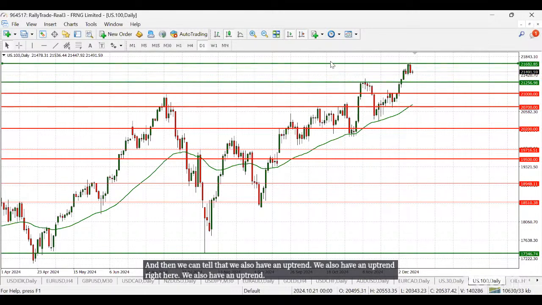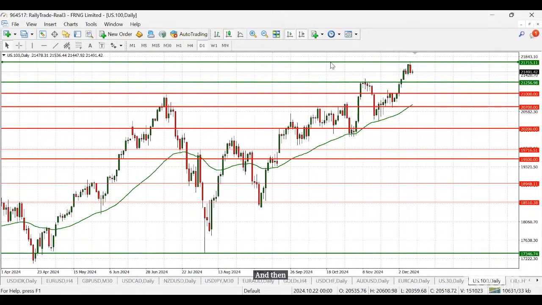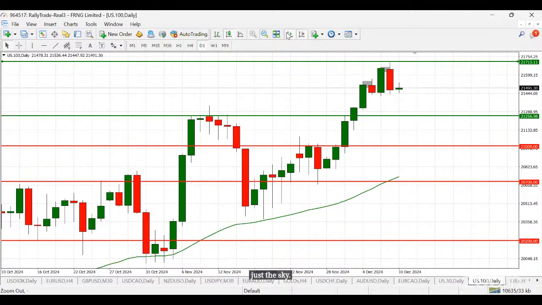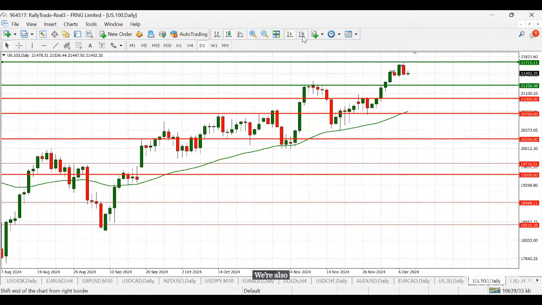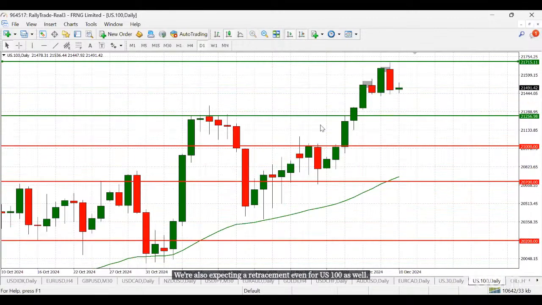And then recently it tested this high. So for these two, we're also expecting a retracement, even for US 100 as well. Of course, this has some of the most popular technology stocks.